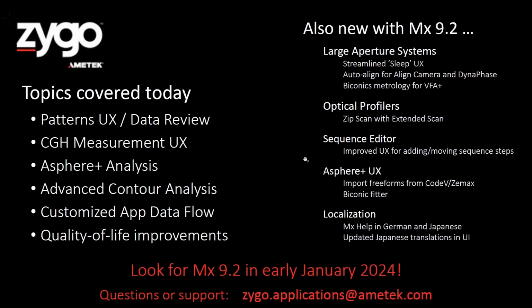For optical profilers, ZipScan now works with extended scan and with oversampling. Another highlight is that the MX help is now available in German and Japanese, and we have updated Japanese translations in the MX user interface.